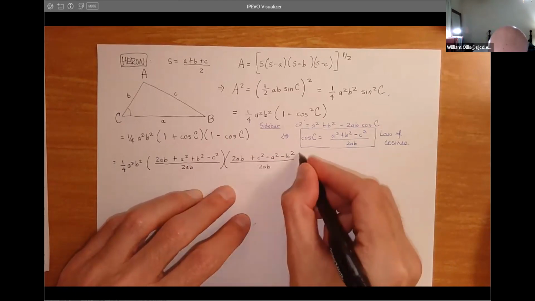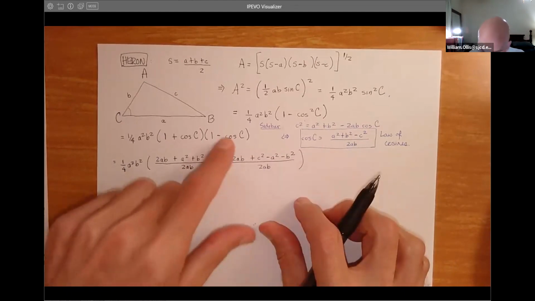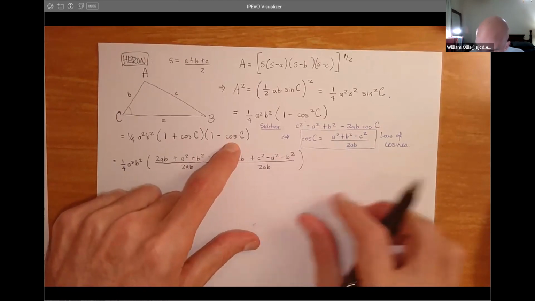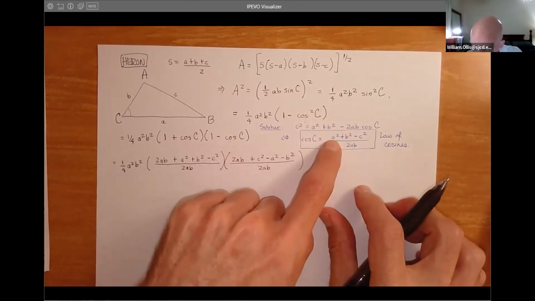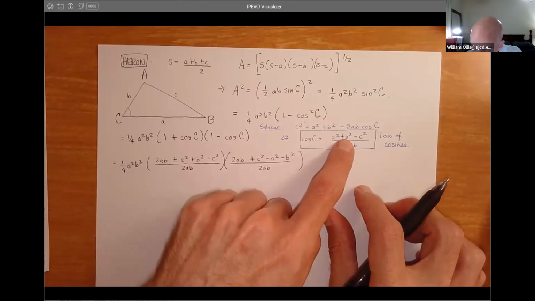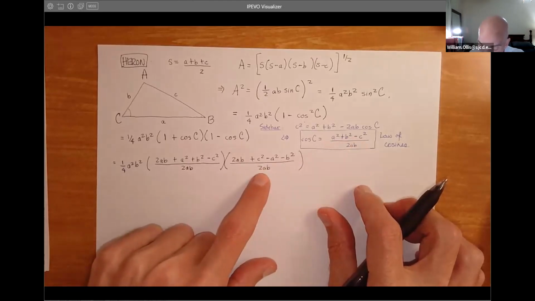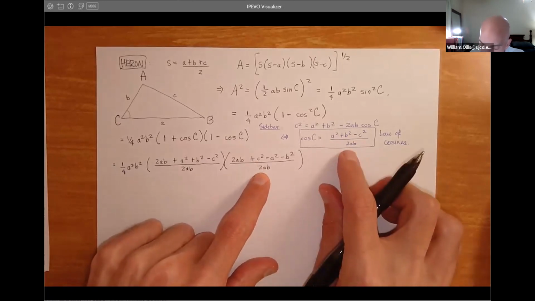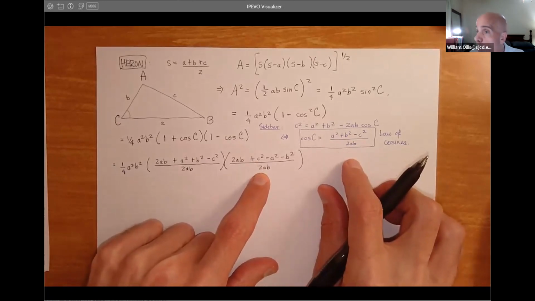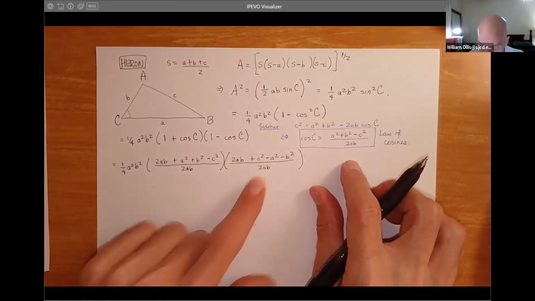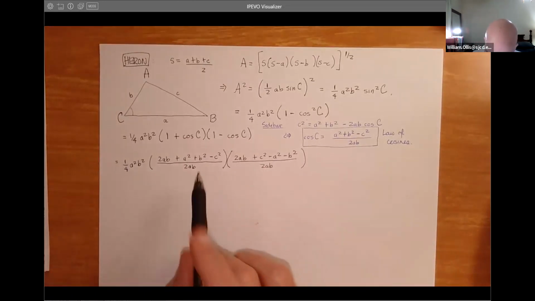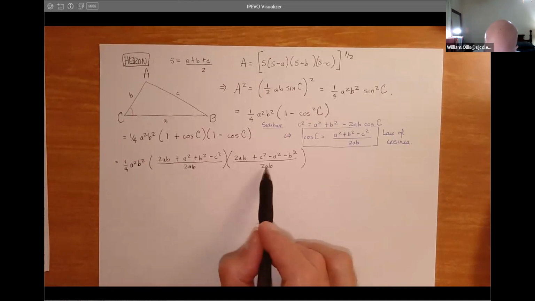So again, notice when we subtract the cosine C, all of these get negatives. So negative A squared, negative B squared, minus minus plus C squared. And then the common denominator 2AB. So again, fractions, general math, or what are we going to call it? Number theory.